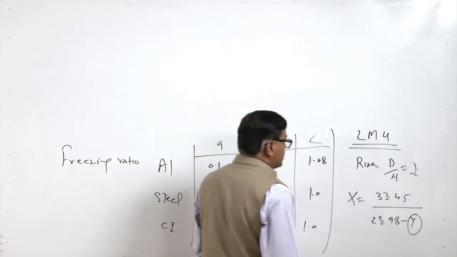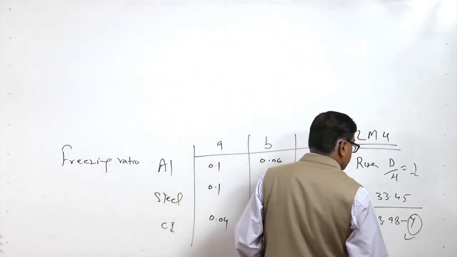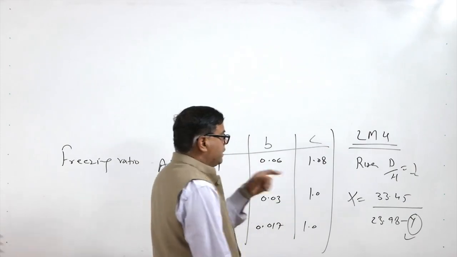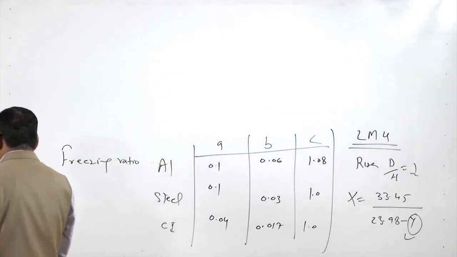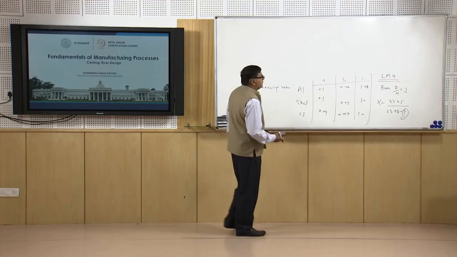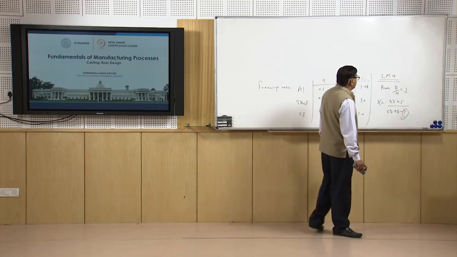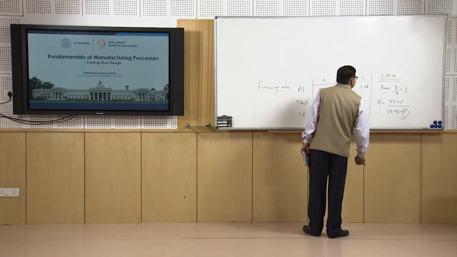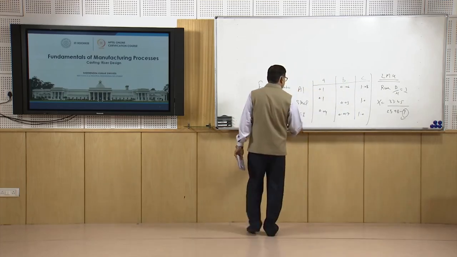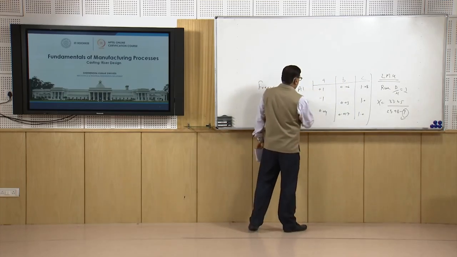So, Y is used for determining the volume of the riser while considering this ratio D by H equal to 1, meaning the diameter to height ratio of the riser is 1.